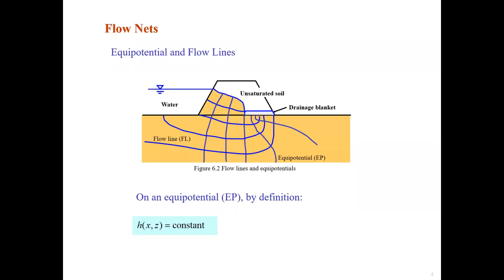The Laplace equation could be solved for a known or constant height, and if we contour these different points of equivalent height, we call that contour line an equipotential line. Any point on this equipotential line has the same water height. It remains constant. So by definition, on an equipotential line, the water height h is a constant.